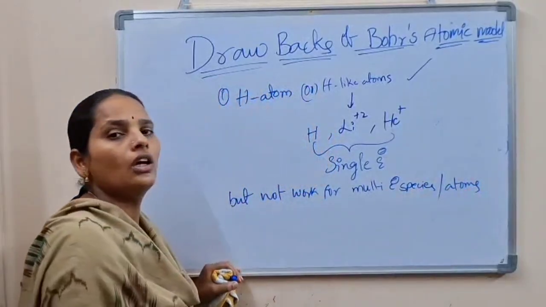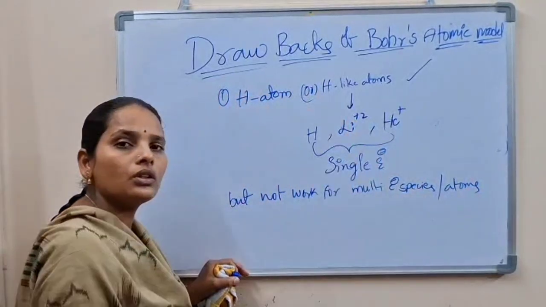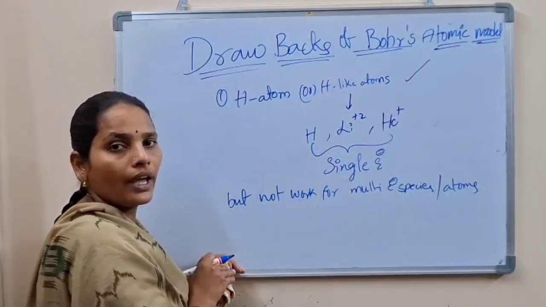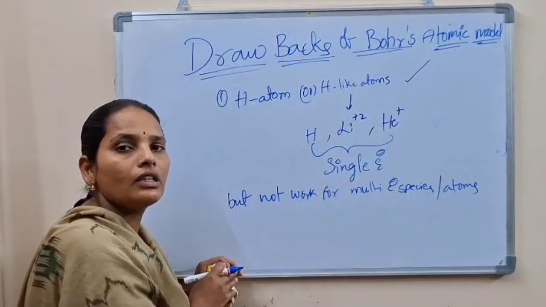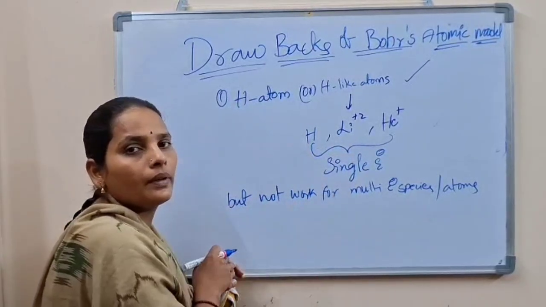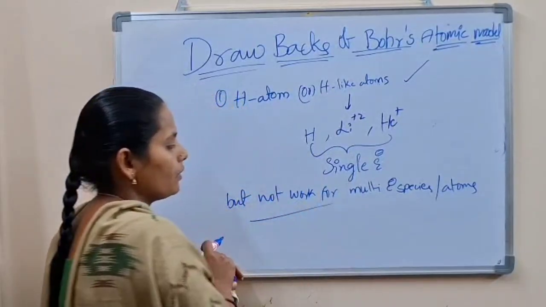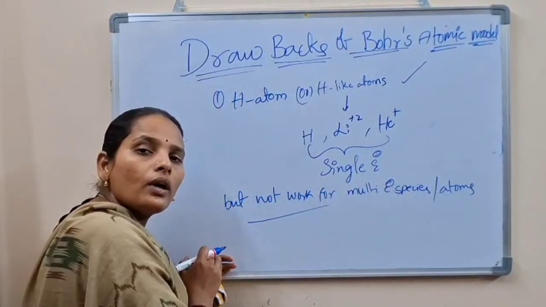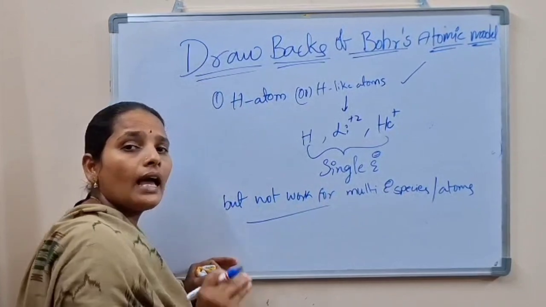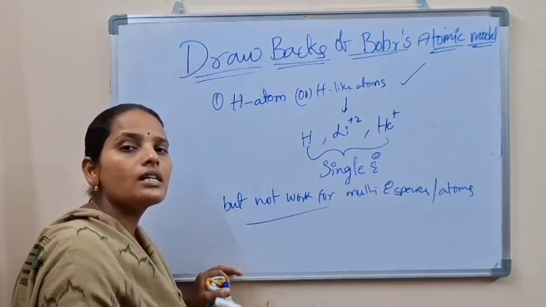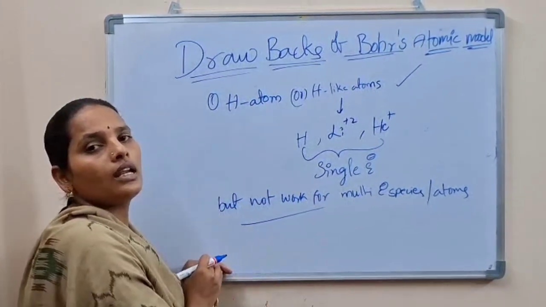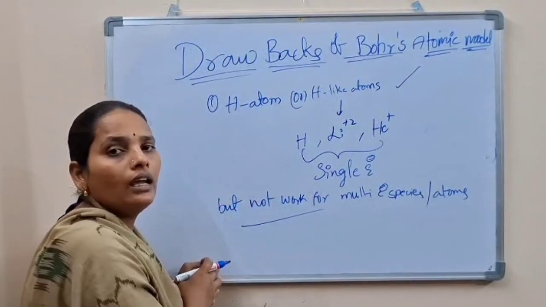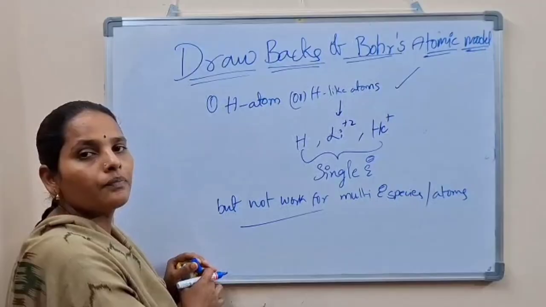If you take lithium, other than lithium plus 2, this theory is not applicable. Helium has 2 electrons, so it is not applicable there either. That's the main point here. In the first point he is telling that Bohr's atomic model is applicable only for atoms possessing a single electron in the shell. If they have multiple electrons, this theory is not applicable.